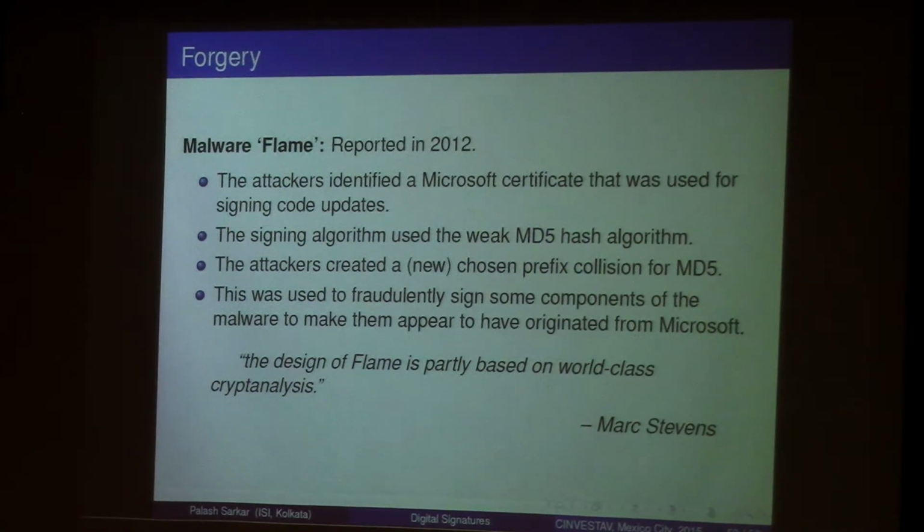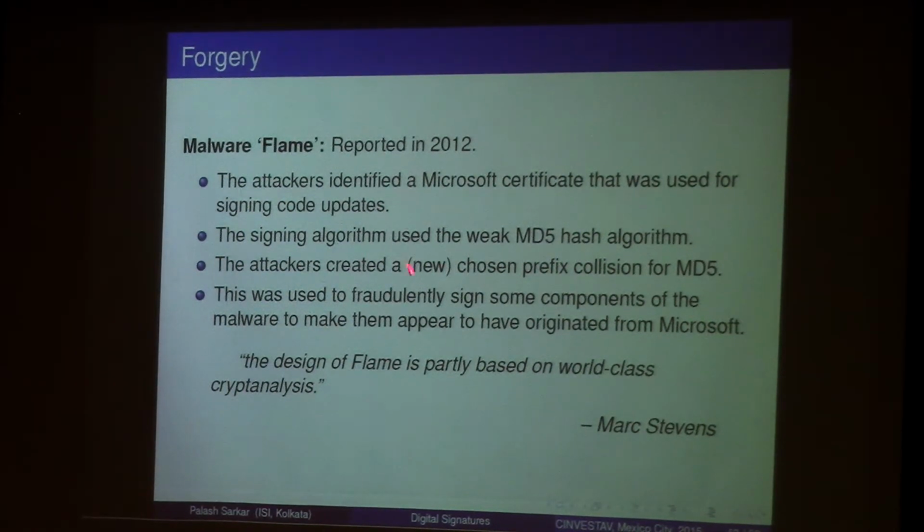So they did not actually break the signature scheme. It's the hash then sign, and the hashing algorithm was MD5. Now MD5 has been known to be weak for quite some time, but because of resistance to change, it was not actually replaced. So the signing algorithm used this MD5, and the attackers created a new collision for MD5.